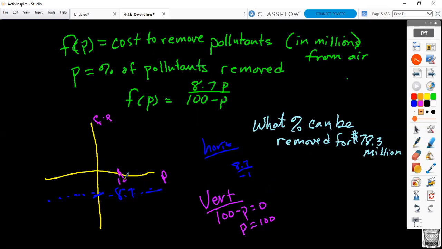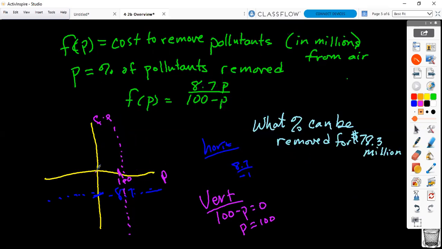So if that's 100, then I've got this vertical asymptote down through there. And then where would the rest of my graph be? Well, if I put in a 0 for P, I'm going to get a 0 because of the 8.7.